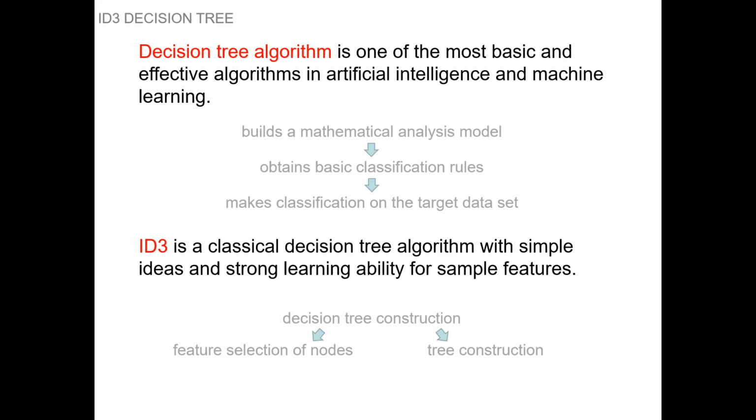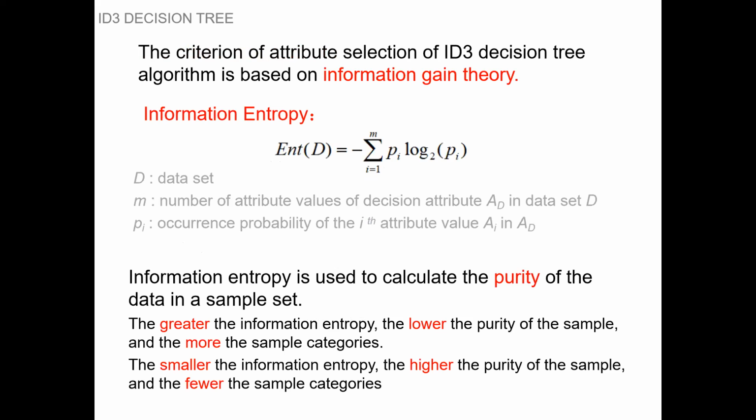We focus on how to select the node features, namely the node attributes, of the ID3 decision tree. In general, the criterion of attribute selection of the ID3 decision tree algorithm is based on information gain theory, which provides criteria for the selection of attributes of each decision node.